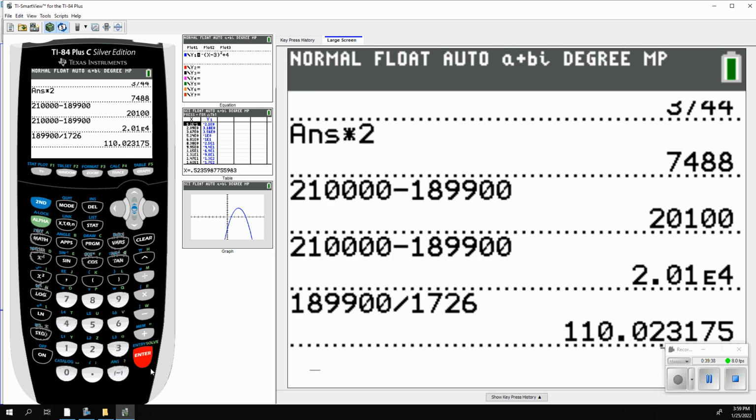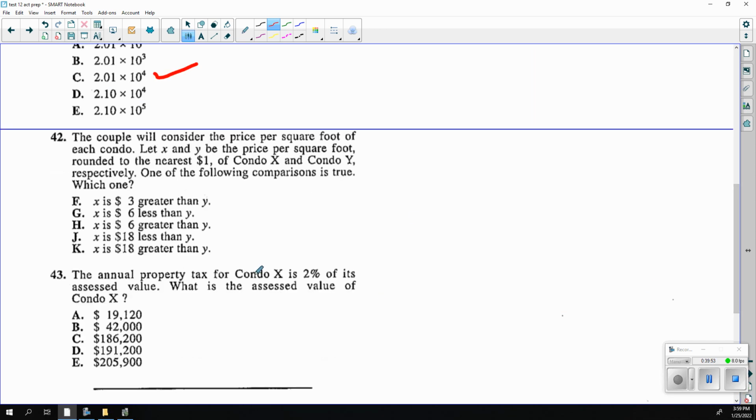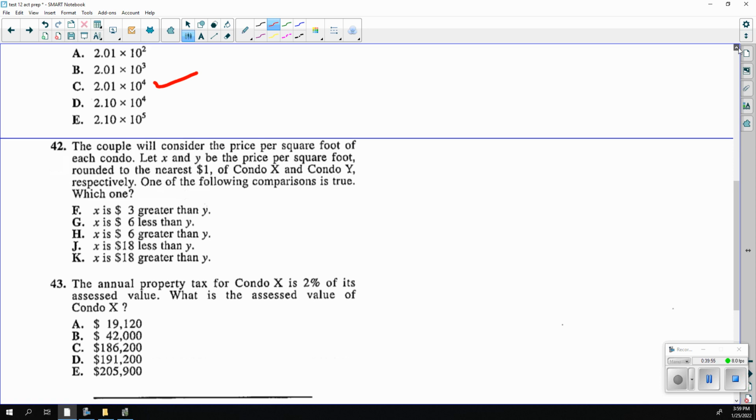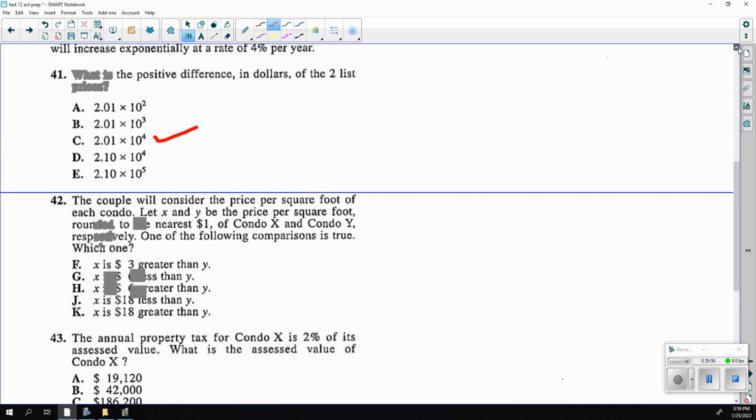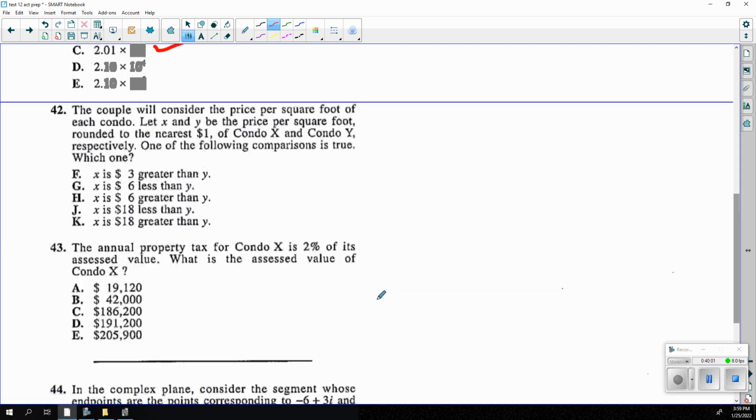And that gives you about 110 per square foot. So that's about $18 more, huh? So Y is $18 more, so X is 18 less. I hate that.